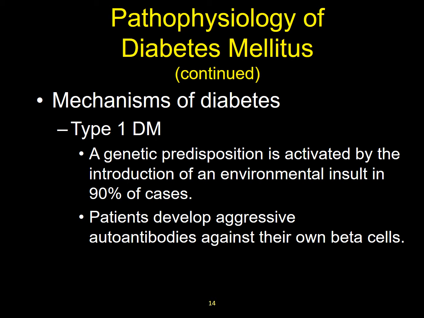But you can bet for sure that within a year of diagnosis, the patient is going to be completely 100% dependent on exogenous insulin administration because they won't be making any of their own. This is the patient with no insulin. And from a pharmacology perspective, they're actually easier because the treatment for them is insulin, right?